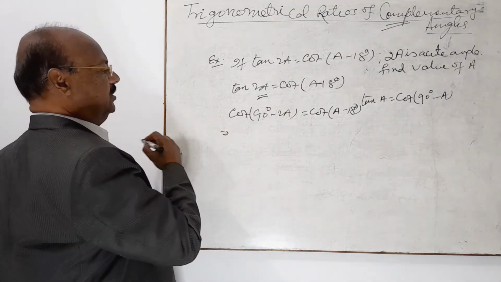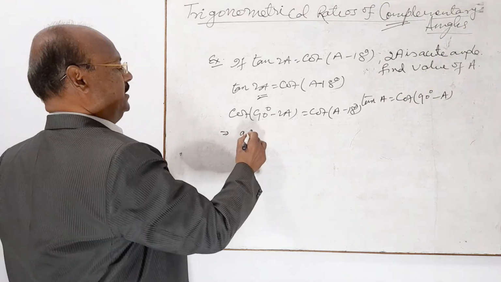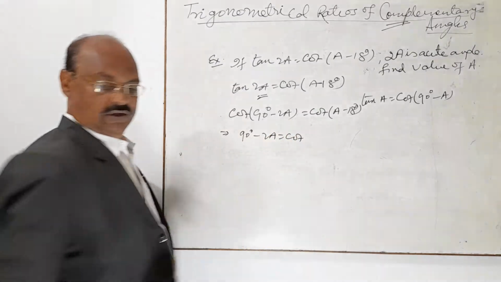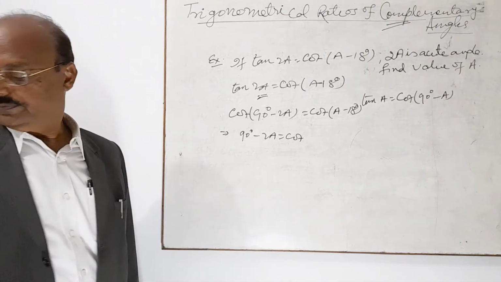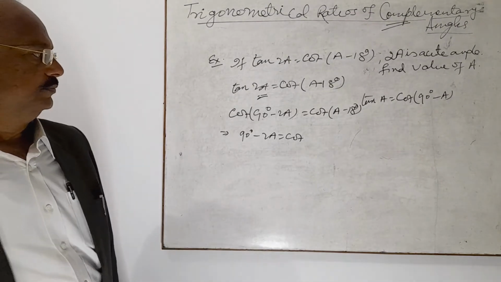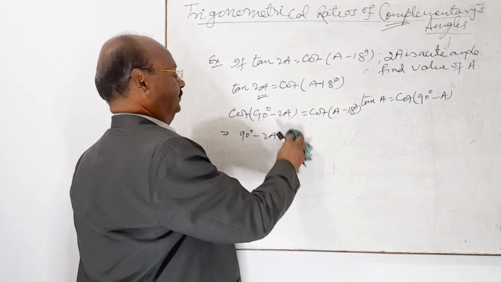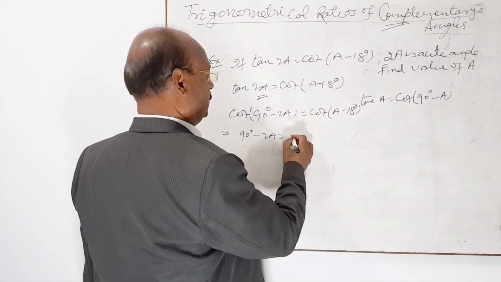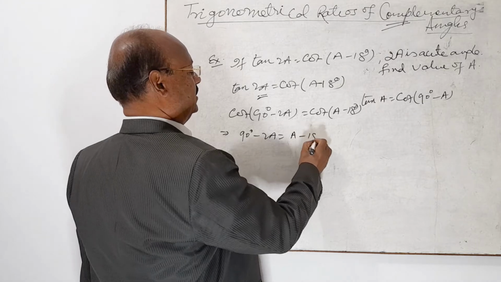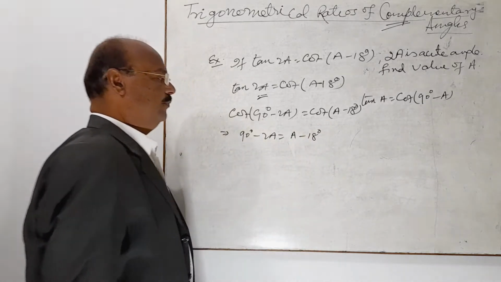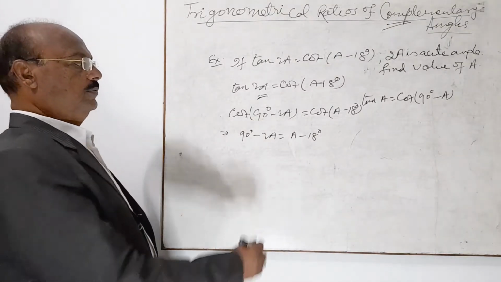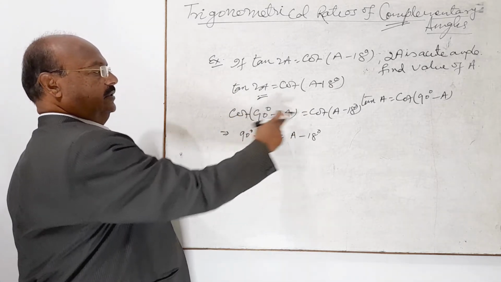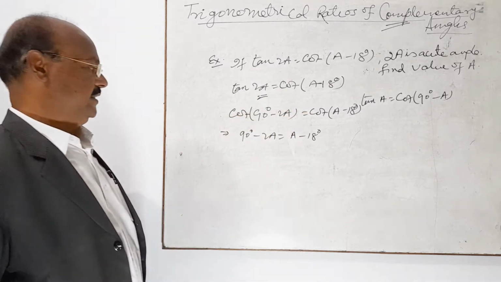So simply we can write 90 degree minus 2a is equal to a minus 18 degree, because we are omitting this cot from both the sides.